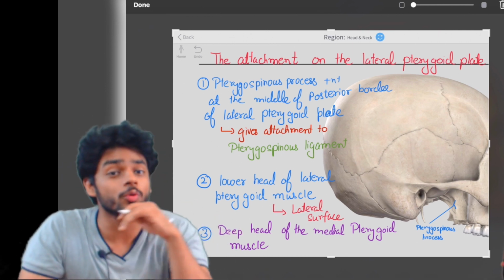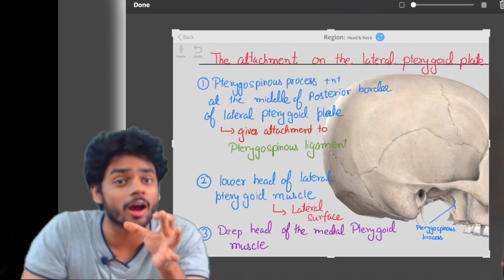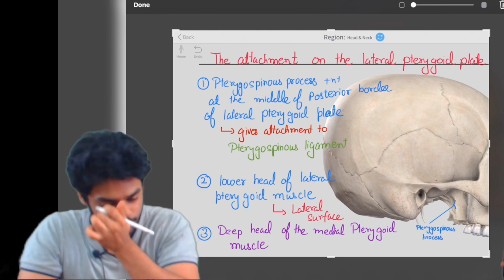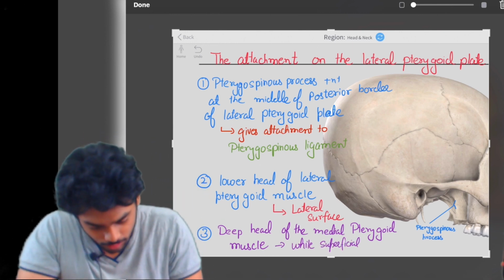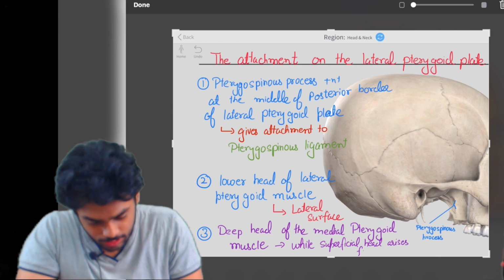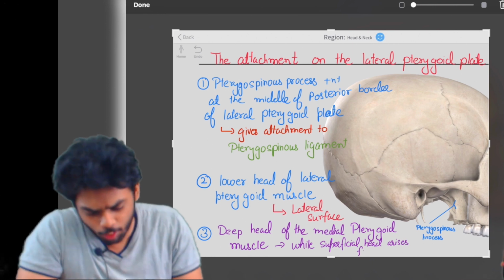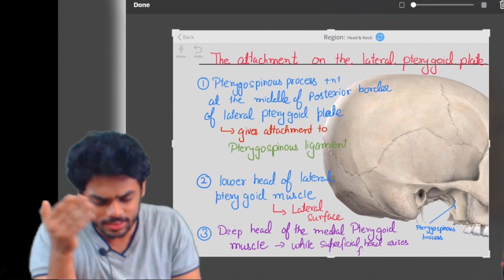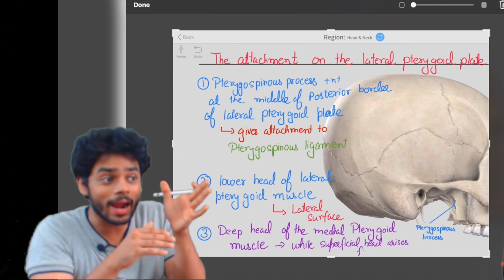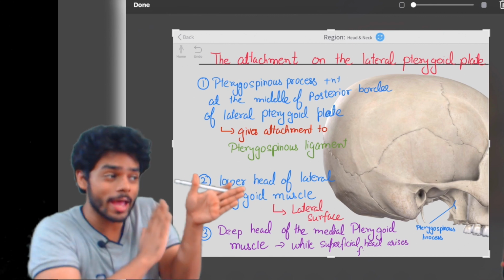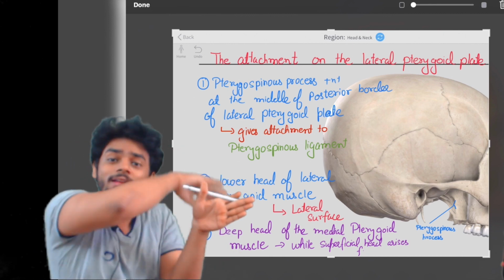Let me show you in the animation which structures these are and how they are attached. Please see here. The deep head of the medial pterygoid muscle is attached to the lateral pterygoid plate, which also has a medial part and a lateral part.